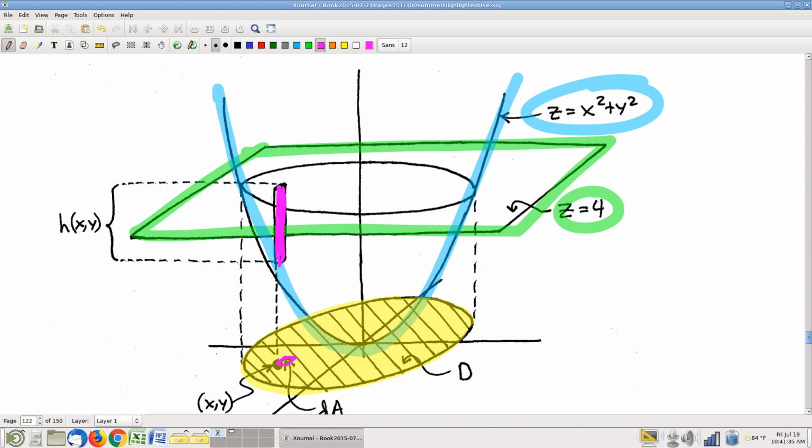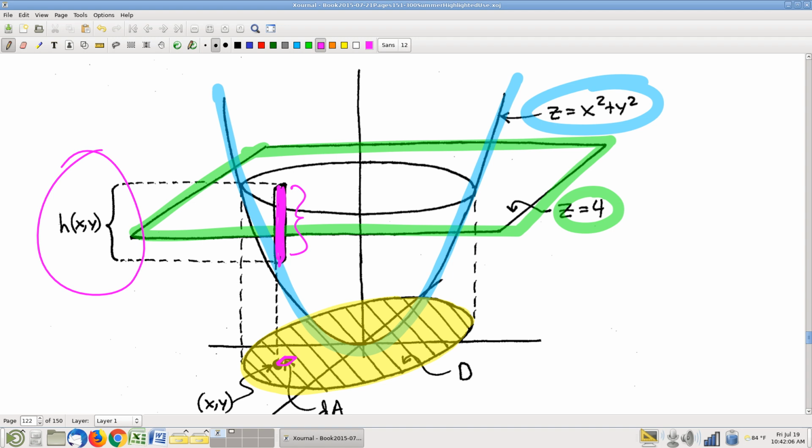Above, because of course the domain is my shadow, right? And this amount of volume that's in that suspended French fry up there, sitting up in space, it's going to be height times area. And so the difference, the one function minus the other function, this difference of z coordinates, that's my integrand. Does that make sense to everybody?